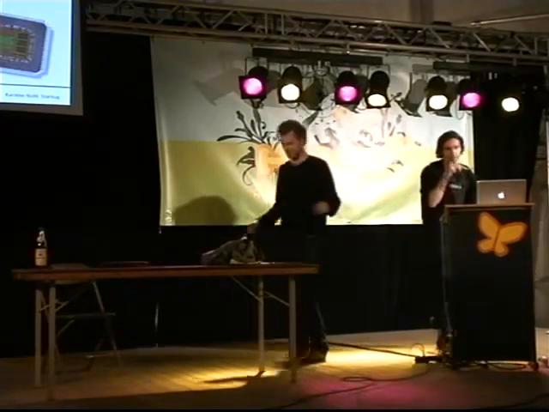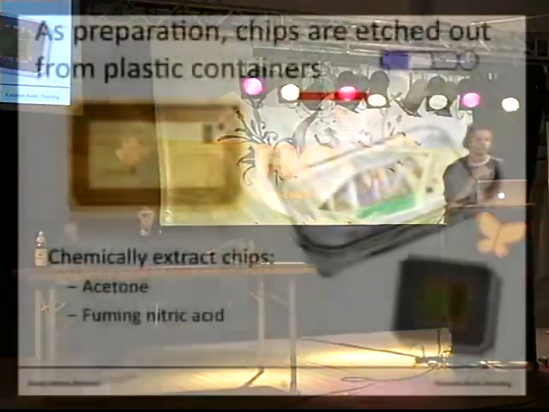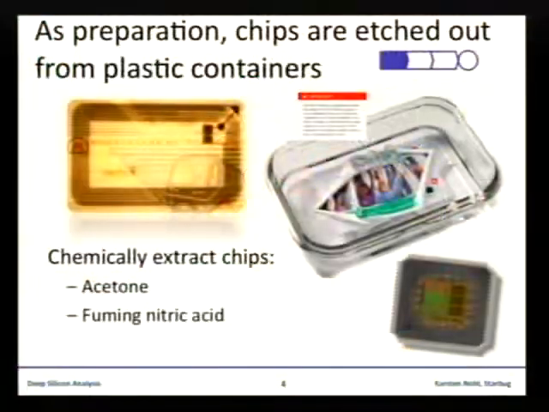Okay. Before you can start working on the chips, you have to get to the chips. So normally, these chips are in some kinds of plastic card, as you can see on the left side. There's an RFID chip with an antenna around here, and at the ends of the antenna there's a chip.